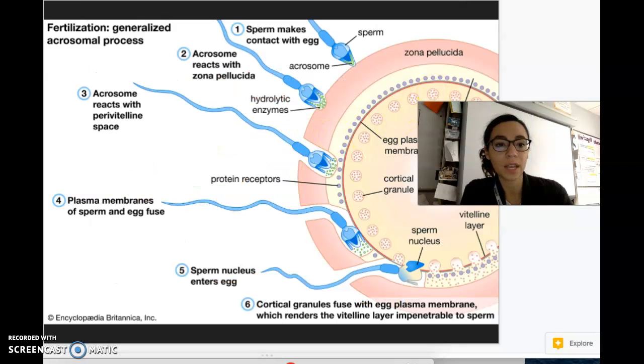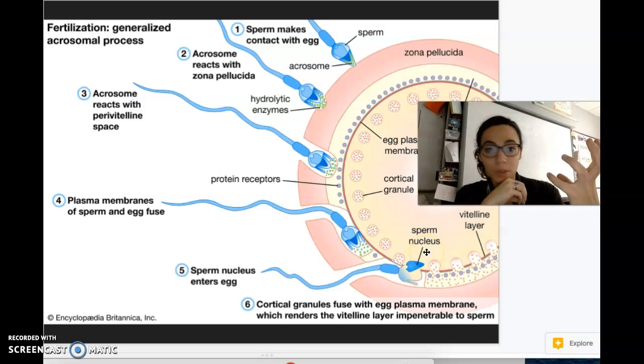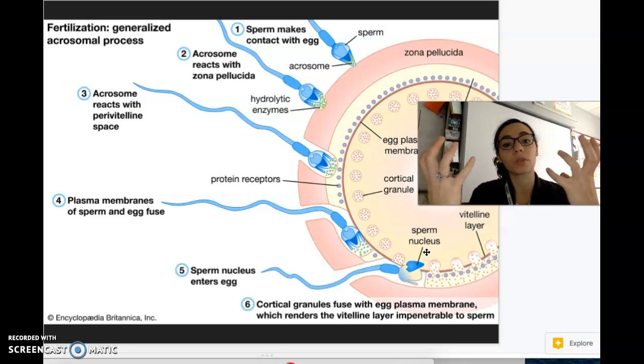Okay, and then once that egg is released, and you don't have to worry about writing all this stuff down, only one sperm can penetrate the egg cell. Once one sperm has penetrated the cell, it can release its nucleus into the egg. So we've got 23 chromosomes from the female, 23 chromosomes from the male.